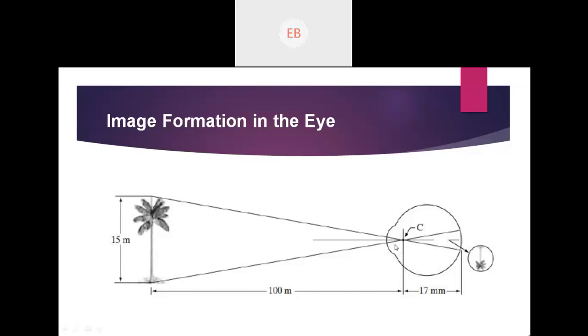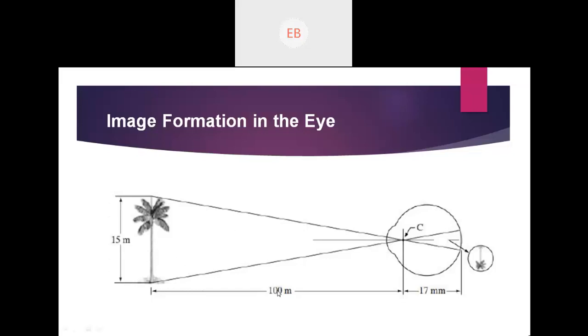That is, when an object is very far from the eye, the refractive power of the lens decreases.